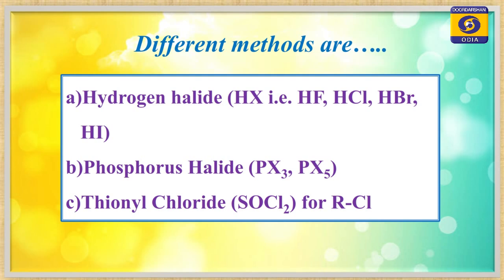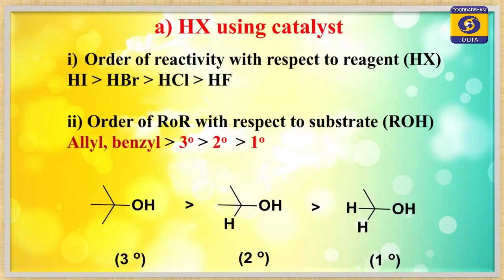First one, from HX. Remember, students, the reactivity order of HX is HI is more reactive than HBr, then HCl. It is also the same as the order of acidity of halogen acids. Similarly, there are different types of alcohols: allyl alcohol, benzyl alcohol, tertiary alcohol, secondary alcohol, primary alcohol.